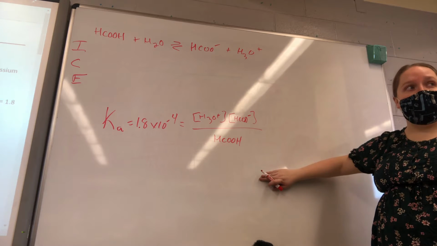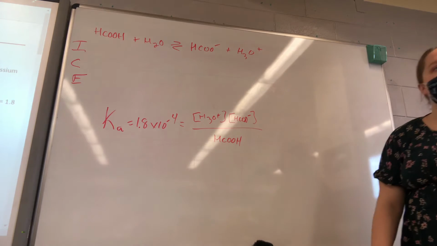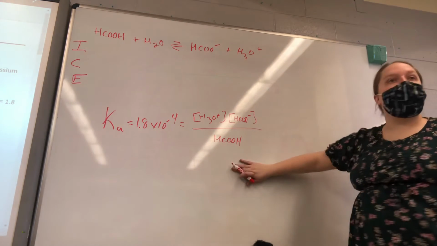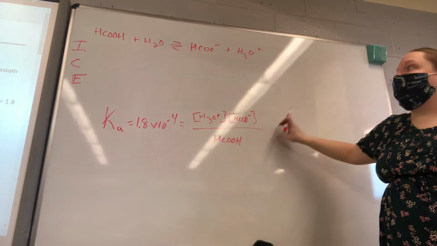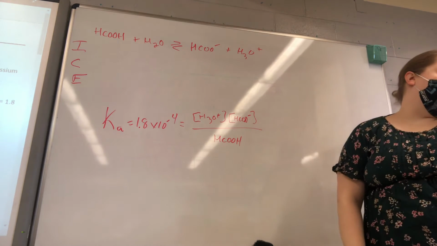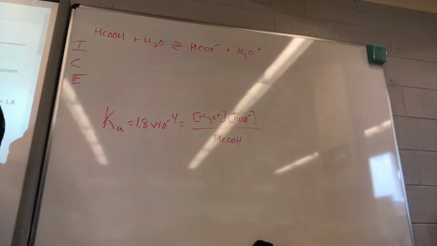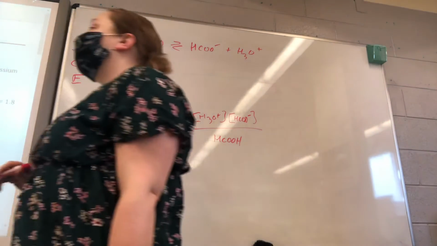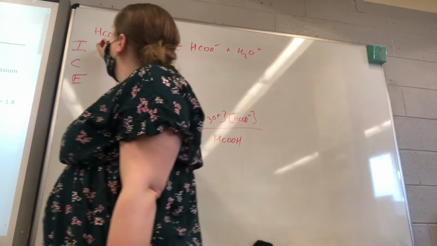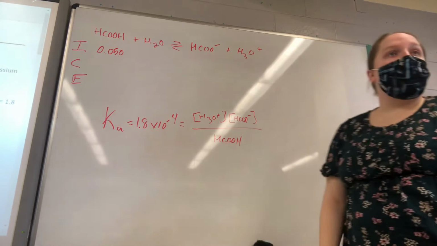You should feel pretty comfortable about getting here at this point. You've done a lot of acid-base equations, done a lot of K equations. You should be able to at least set this part up. From here, it's interpret information you're given. So, we're told we have a 0.050 molar formic acid solution. Seems like that's where that number goes.